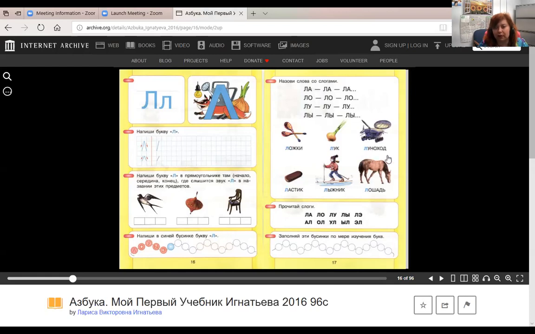Луноход, it's a device that can land on the moon. It's called луноход because luna in Russian means moon. Ластик, eraser. You know, something that you use to erase what you just wrote. In Russian, it's ластик.